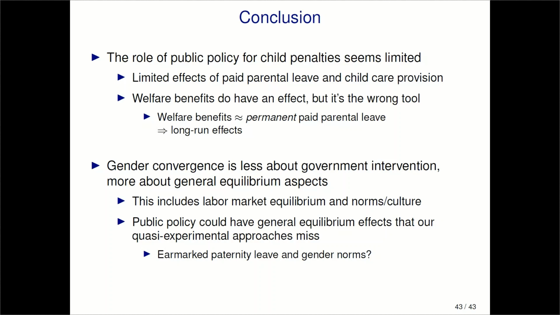So yeah, it's an interesting question. I think it's an important question. Maybe that is an important effect of public policy, and I think we want to go there, but it's difficult. So thank you very much.